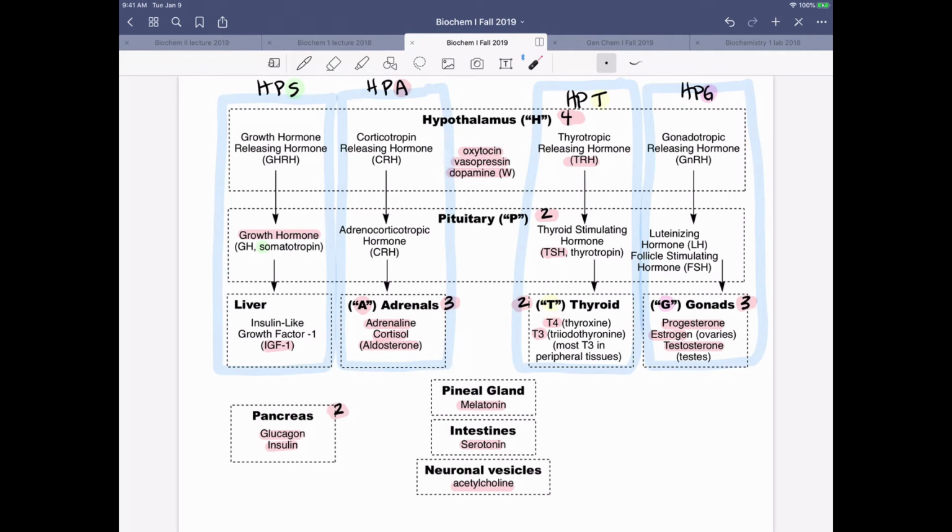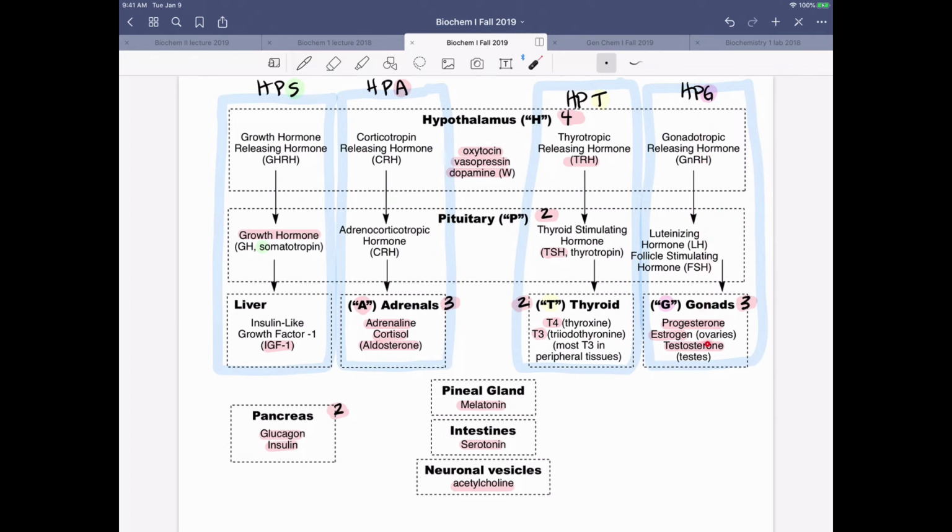T4, again, is the drug form that we see for thyroid hormone, but T3 is sort of the bioactive form. And interestingly enough, most of the T3 is actually produced in peripheral tissues by the conversion of T4 to T3. So we'll talk about that a little bit more in class. So again, this HPT axis is responsible for sort of regulating your metabolic set point.